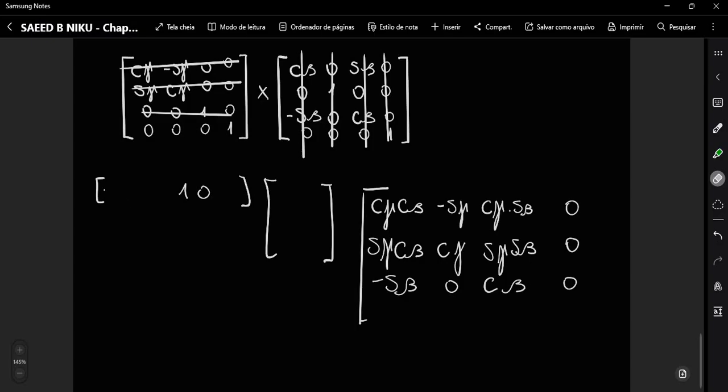And now the last line, 0, 0, 0, 1. Right here is 0. Right here is 0, 0, and 1. Okay.